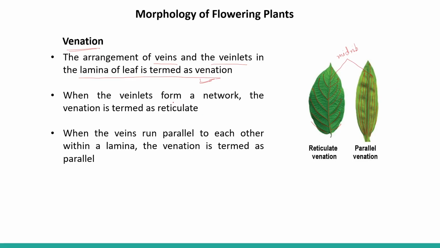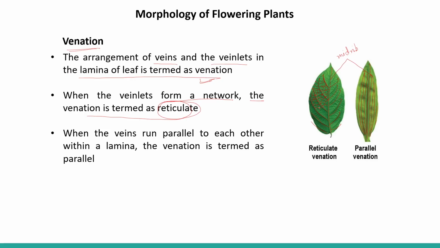So when the veinlets form a network, the venation is termed as reticulate. So here they are forming a network: main midrib, then veins, and then they give rise to veinlets. Now these veinlets form a network which is not having any particular arrangement.